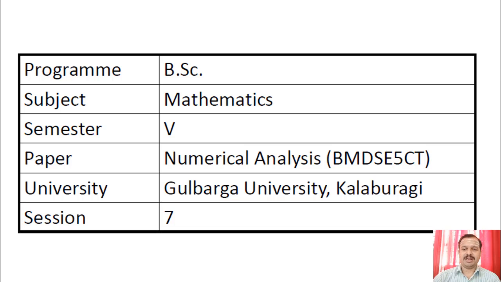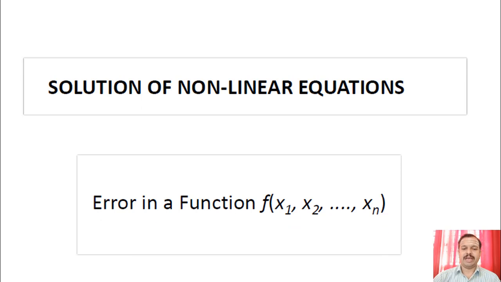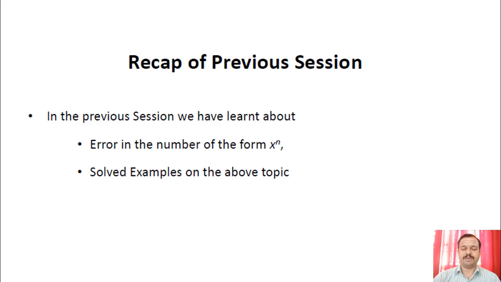In this session, I will explain the errors in the evaluation of the function f of x1, x2, ..., xn. Let us have a recap of the previous session. In the previous session, we learned about the error associated with the computation of a number of the form x to the power n, and we solved a couple of examples related to that topic.